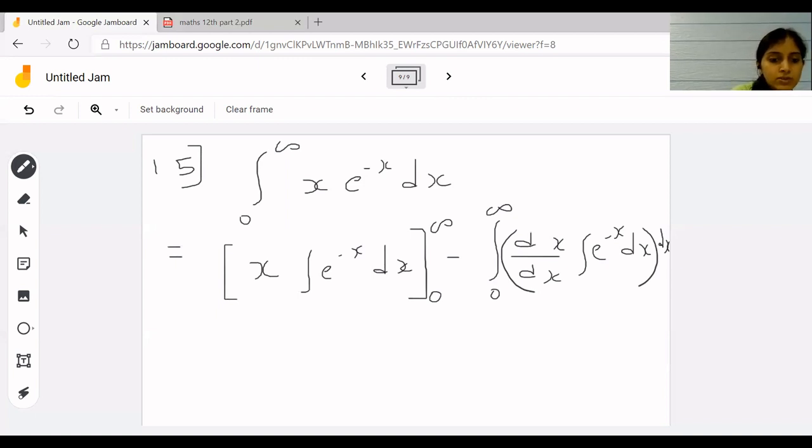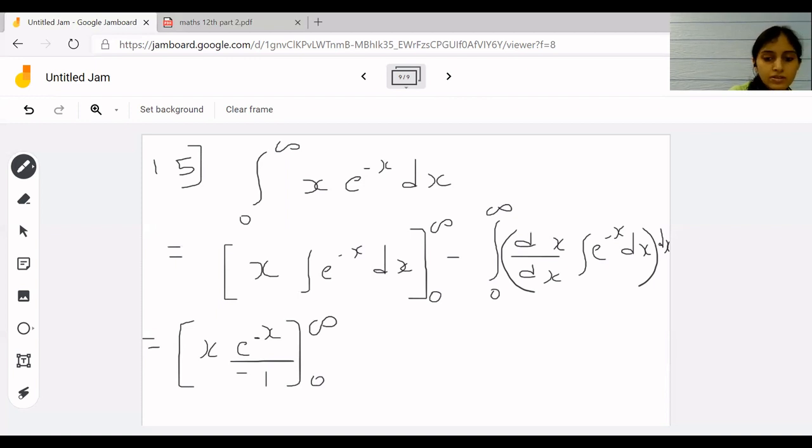Okay, which will be equal to integration of e raised to minus x will be e raised to minus x upon minus 1, 0 to infinity.